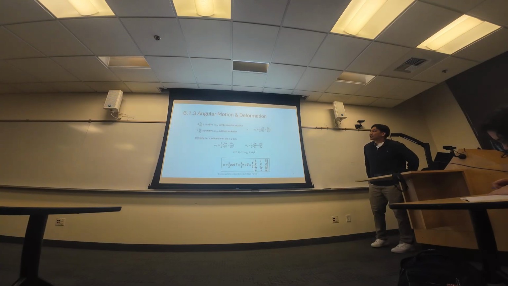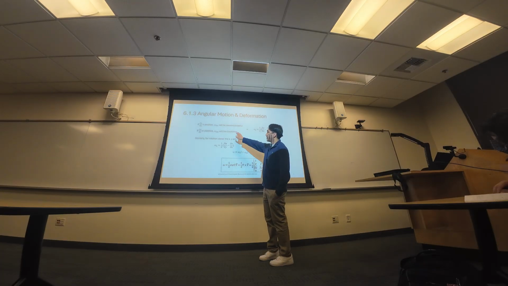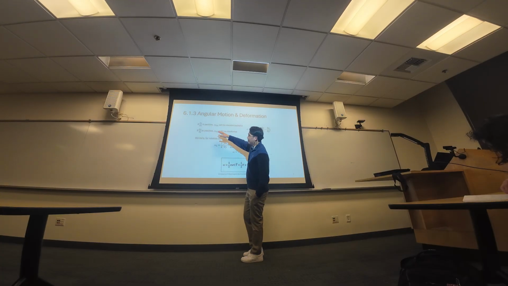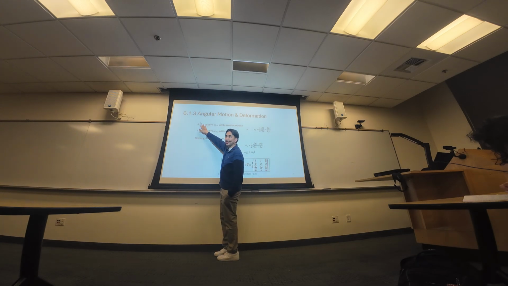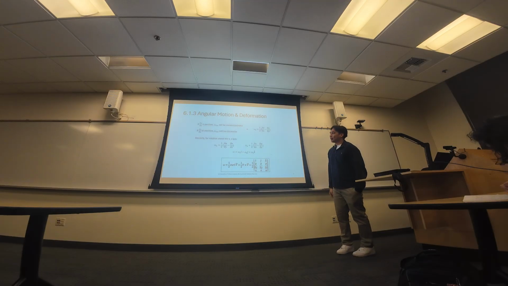All right, so angular motion and deformation. Here's just some notation for those two variables I showed you from the last slide. If this is positive, which is your partial derivative of, this is technically nu, Greek letter nu, not v, with respect to the x direction, that will be counterclockwise.